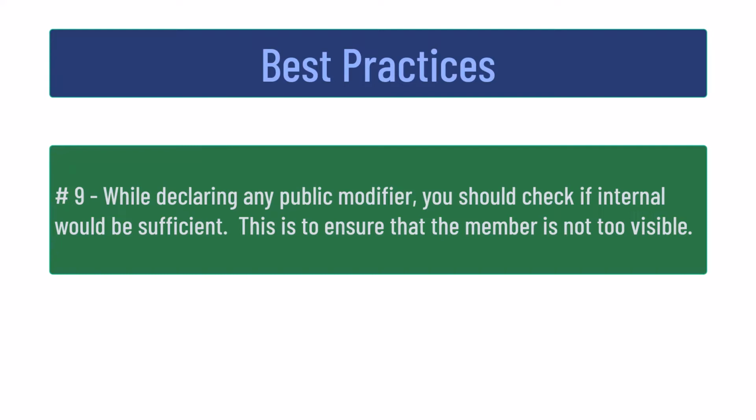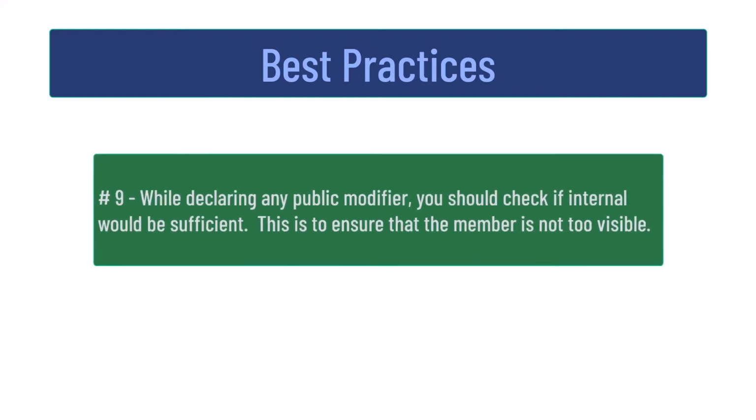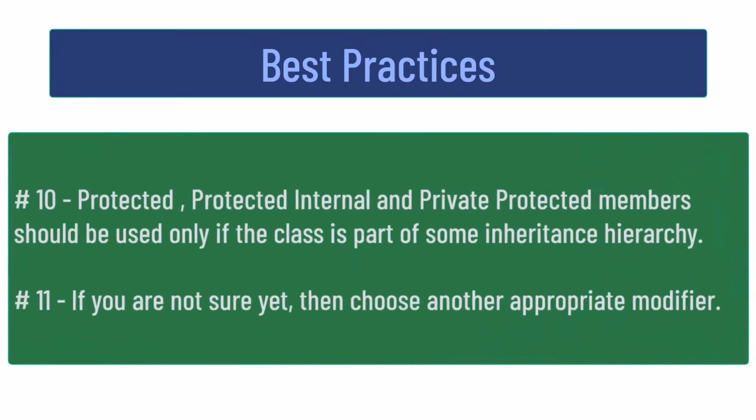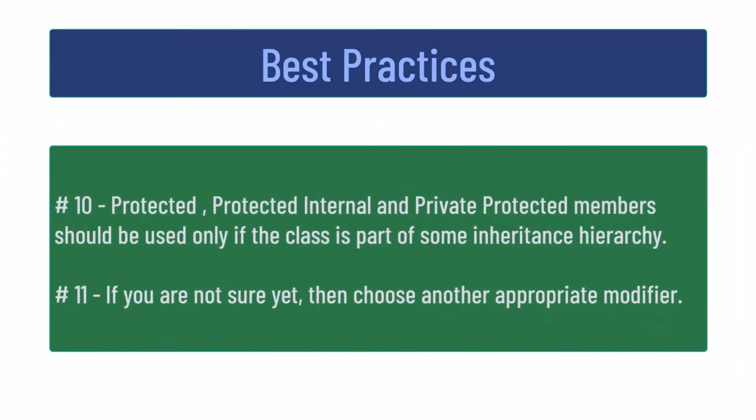The remaining access modifiers, protected, protected internal and private protected, are required only if you are dealing with inheritance. So if you want the members from the base type to be available in the derived types, then you may want to use one of these access modifiers. Remember, you should not write the code for the future.